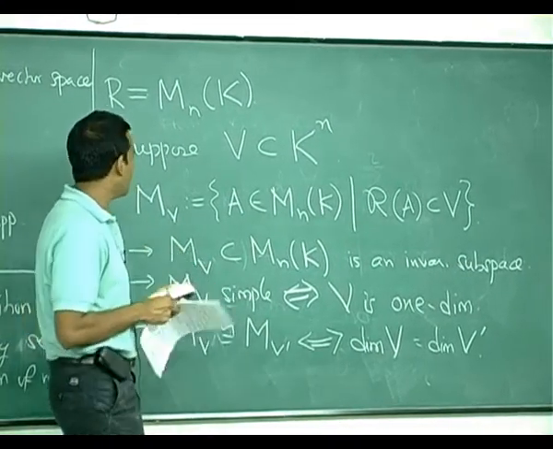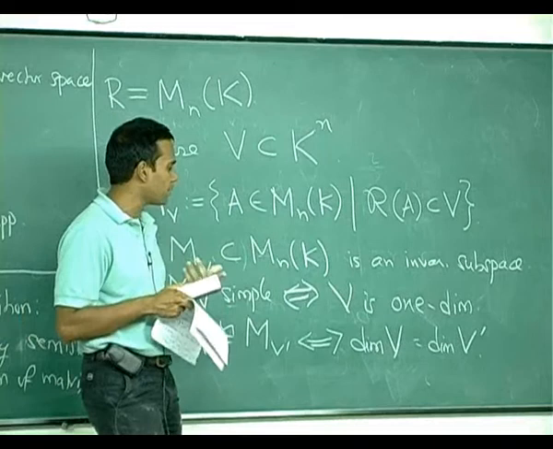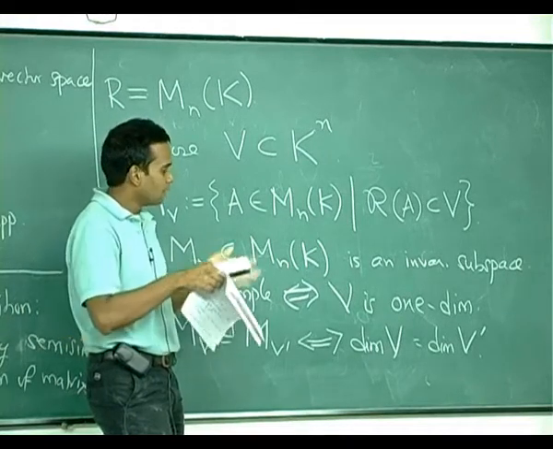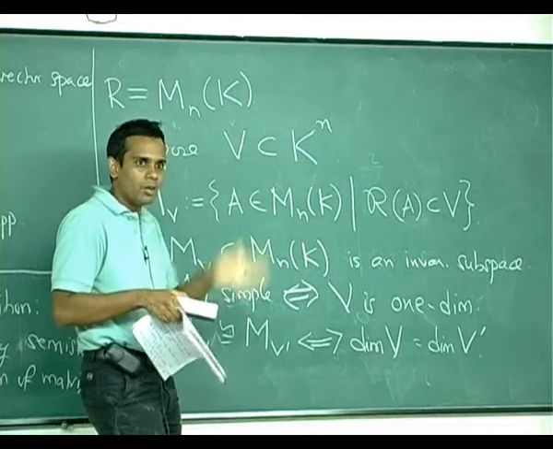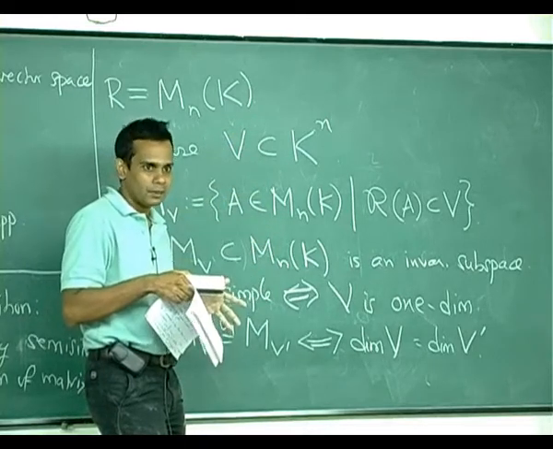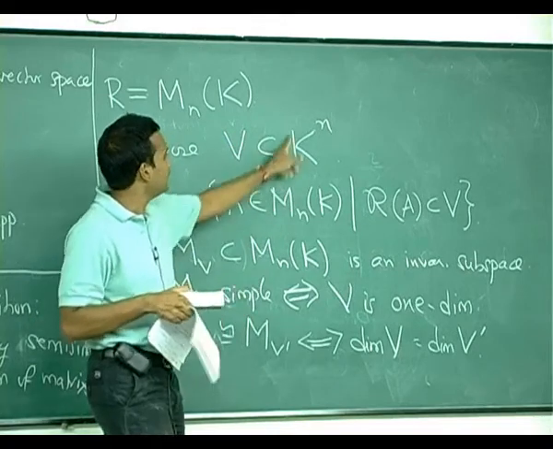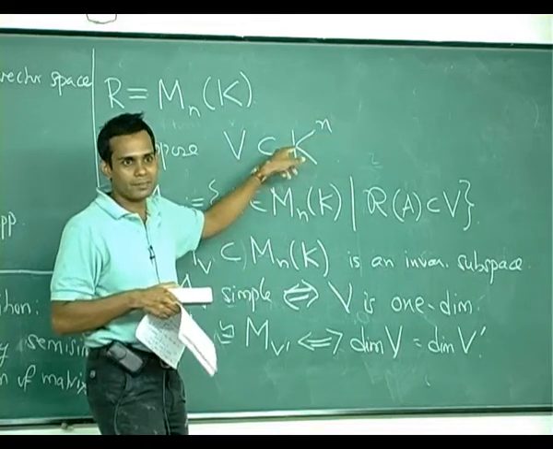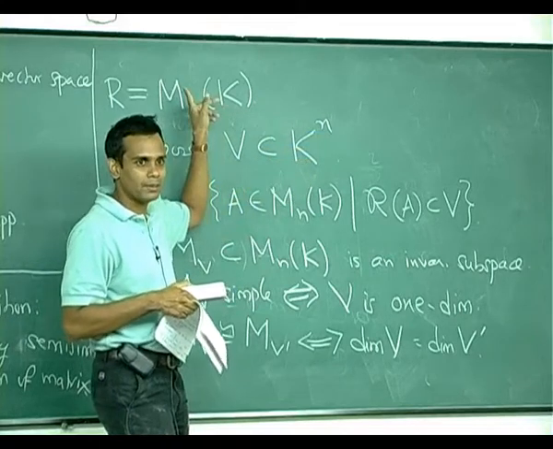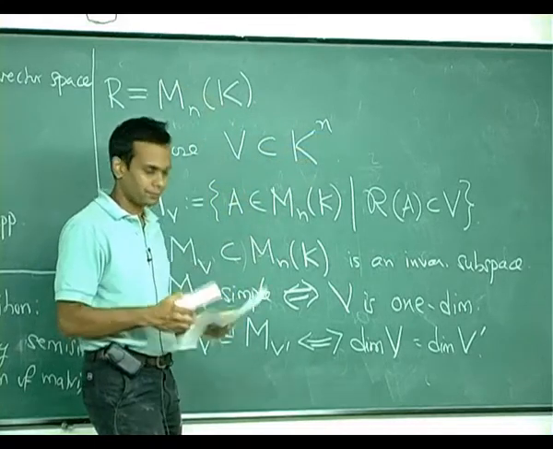For example, if you take V to be the subspace spanned by the first coordinate vector, then you can just concentrate on the first column of your matrix and think of it as a column vector. So you end up getting K^n thought of as column vectors, and that is up to isomorphism the only simple R module.